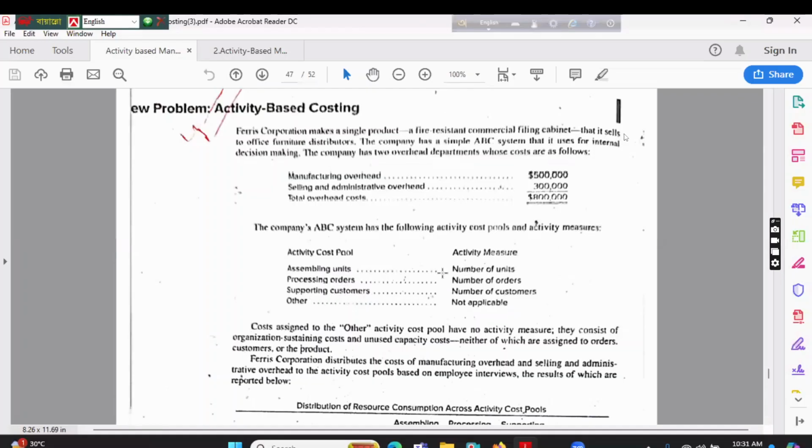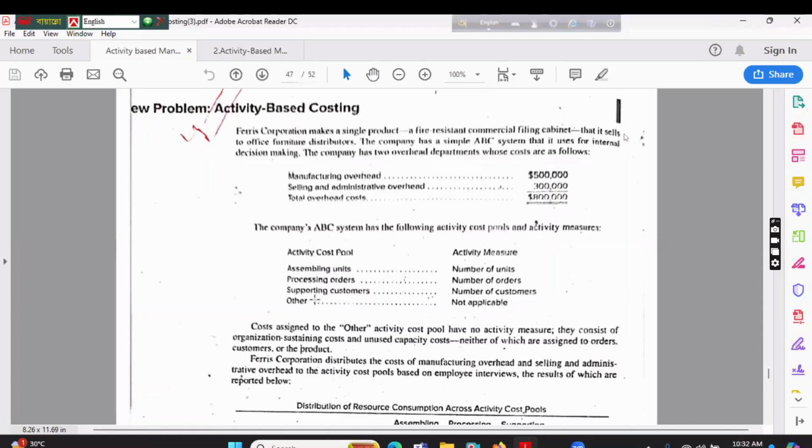Activity measures: for assembling units, number of units; processing orders, number of orders; supporting customers, number of customers; other, not applicable.